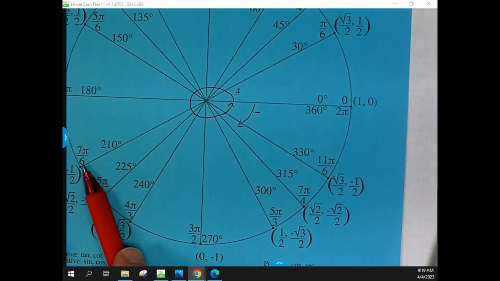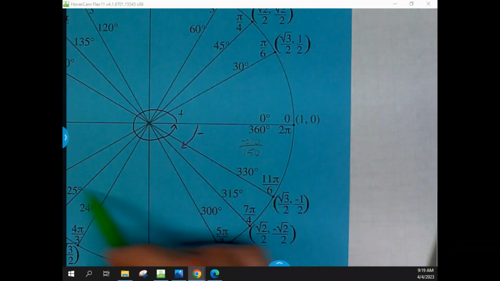So if it was 7 pi over 6, 7 pi over 6 is 210. So if it's negative 7 pi over 6, that's really the same thing as negative 210. We're doing degrees. So for that part of it, we're going to start at 360, and then we're going to subtract 210. And if we do that, that puts us at 150.